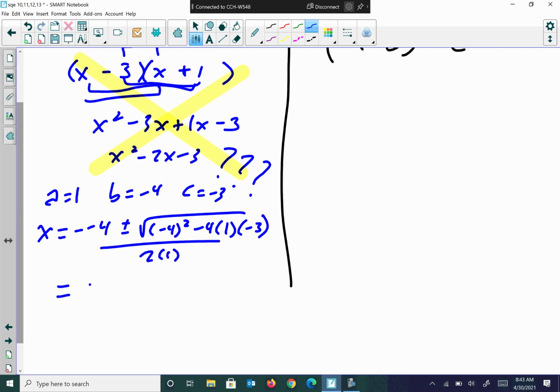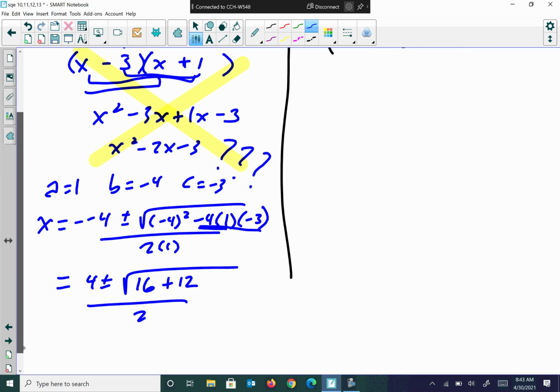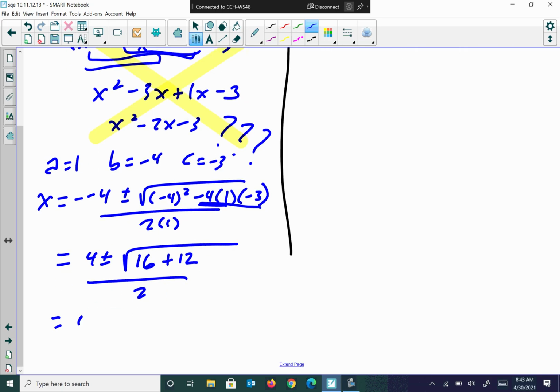So -b is 4, plus or minus. We group the negative because we know that a negative times negative is positive. And then I get -4 times 1 is -4, -4 times 3 is +12, over 2. Which gives me 4 plus or minus root 28 over 2.